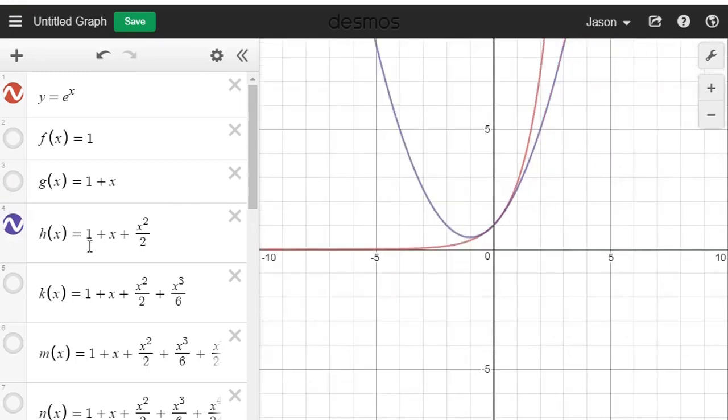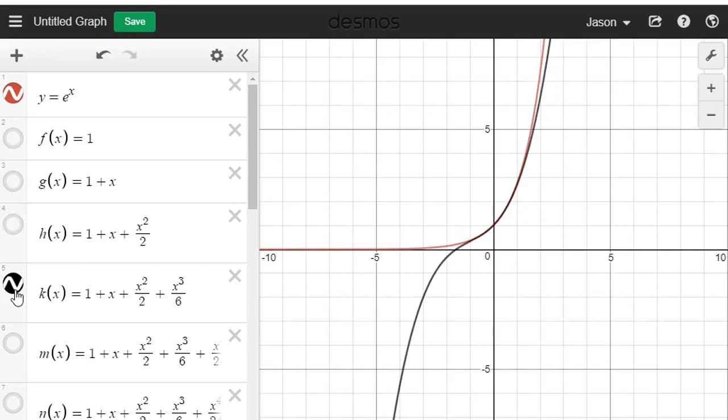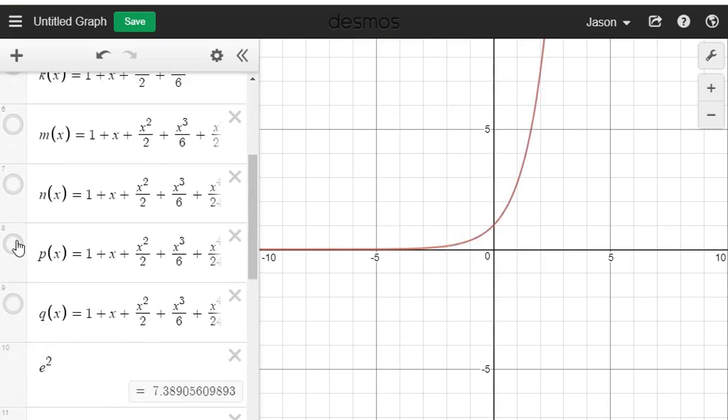Then if we go to the second degree Taylor polynomial, so 1 plus x plus x squared over 2, notice that it matches a little bit better. And then the more terms we get, the more this polynomial matches perfectly with e to the x for longer periods of time. And the reason why this continues to work over and over again for longer periods of time is because the interval of convergence ends up being negative infinity to infinity.